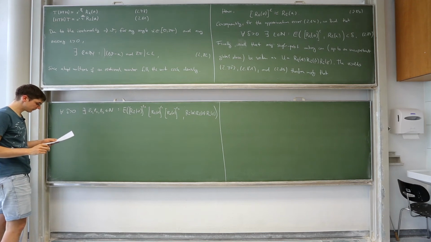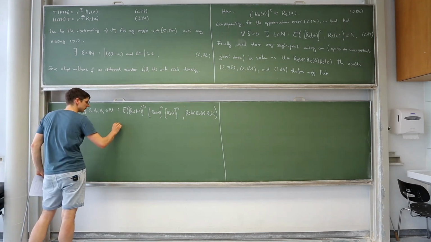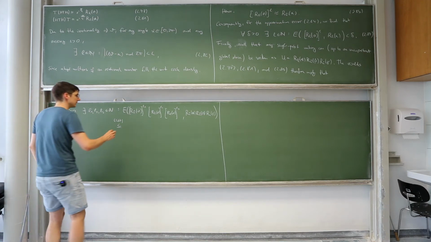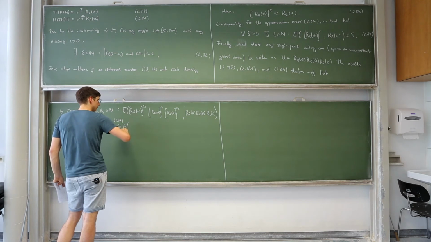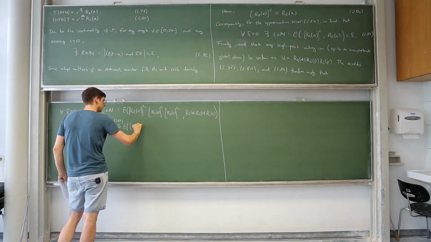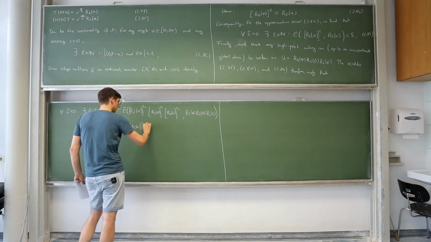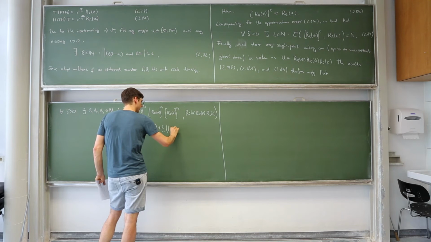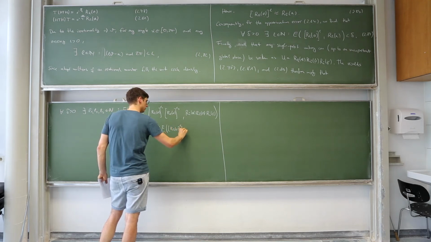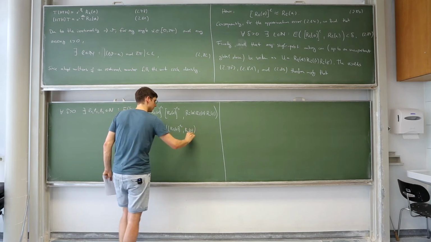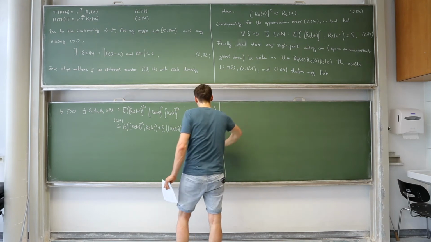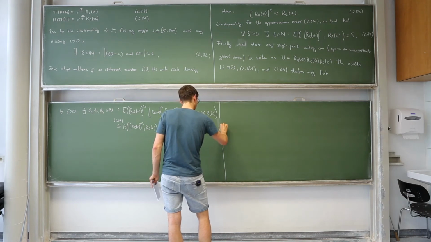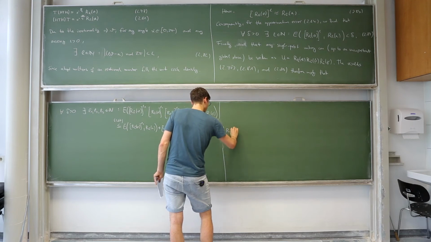So now what we use is equation 2.67, which I recalled today at the beginning, that this is smaller or equal to E, so the approximation error of R_n(theta) to the power of L1 and R_n(alpha), plus the approximation error of R_m(theta) to the power of L2 and R_m(beta), plus E of R_n(theta) to the power of L3 and R_n(gamma).